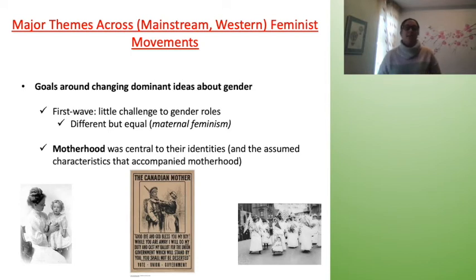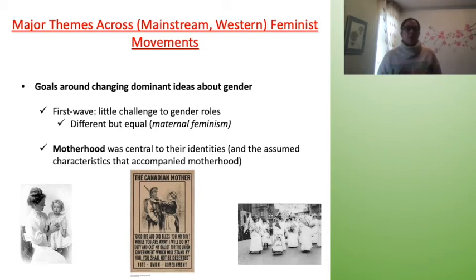A second big theme or question that historians have asked of women's activism in both these feminist movements in the past is about the intended goal as it relates to changing ideas about gender. So we know that in the first wave women's movement, in Canada especially, to a lesser extent in the United States and even a lesser extent over in Europe, but in Canada especially, that first wave women's movement often was rooted in a maternal belief.